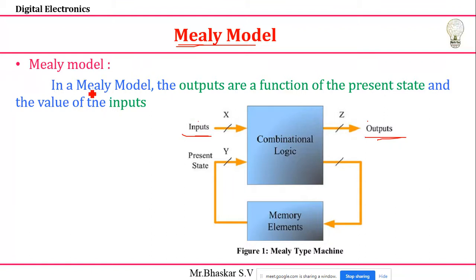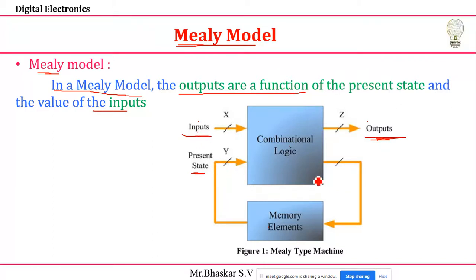When it comes to the Mealy model, clearly you see that in a Mealy model, the outputs are a function of the present state and the value of the input. This is the total combination. It is called a sequential circuit because you have a combinational circuit with memory elements, and these memory elements are flip-flops. So in the Mealy model, the present output totally depends upon the input as well as the present state.